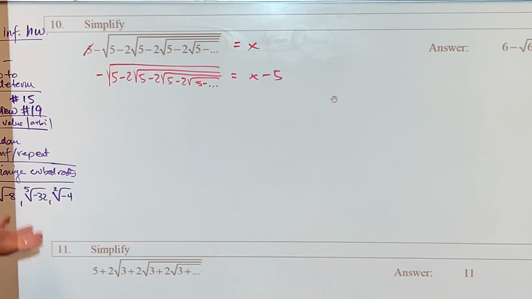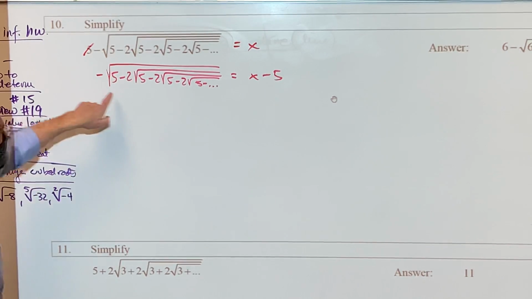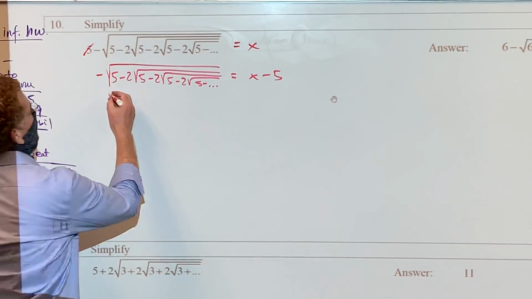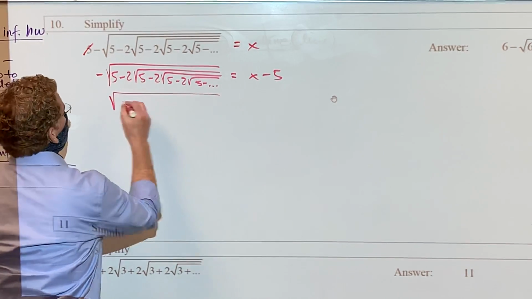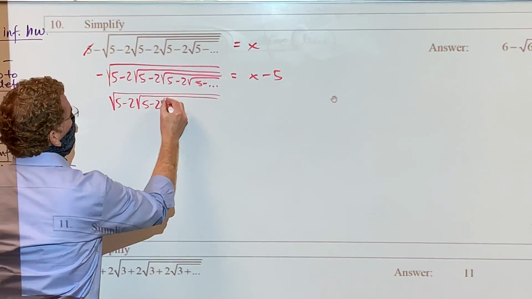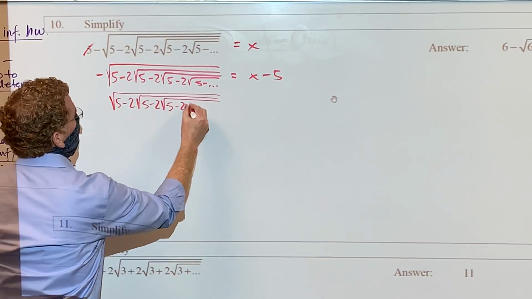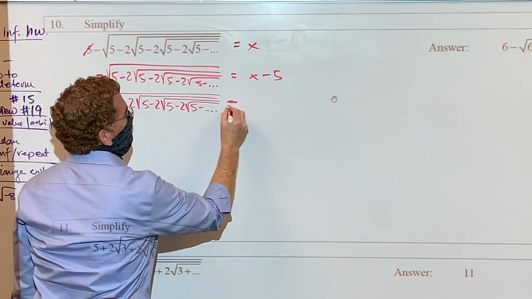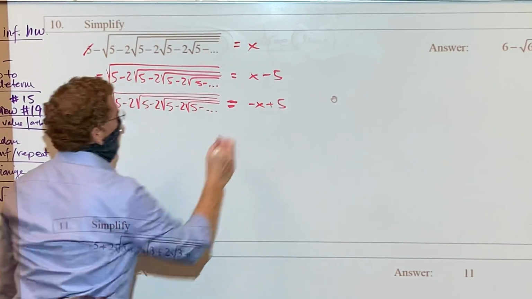Now, right here, when I get rid of that, this is still not patterned, is it? It needed a negative 2 and it didn't have it. So I'm going to multiply through by a negative also. And that negative gives me negative x plus 5.